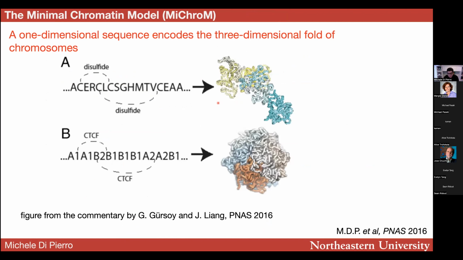And the idea is to mimic the thinking for proteins. In proteins, you have a sequence of amino acids, and the sequence of amino acids determines the 3D structure of the protein. And the answer was that there's something similar in chromosomes. There's a sequence of chromatin structural types, and the sequence of chromatin structural types determines the three-dimensional fold of the chromosome.